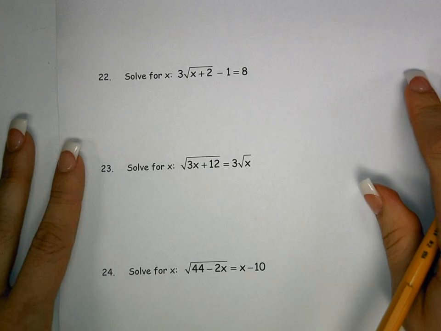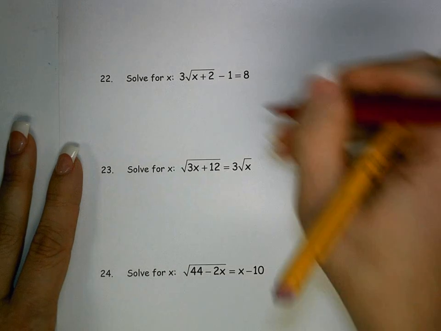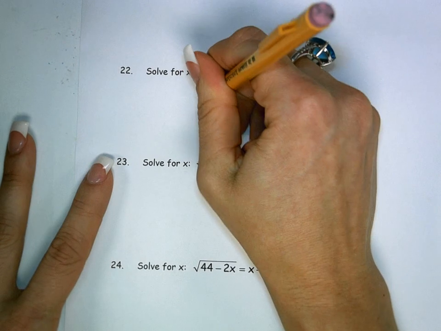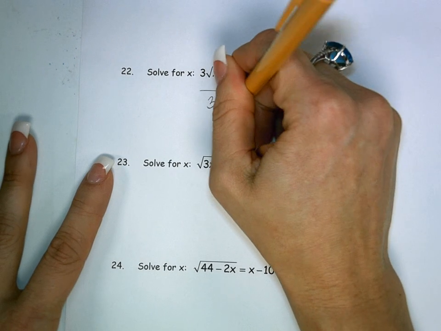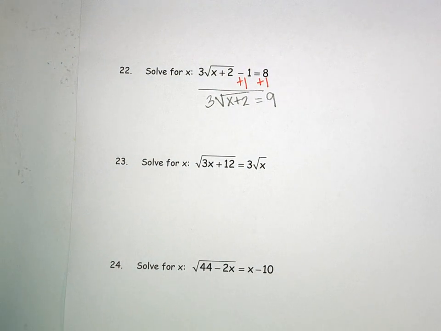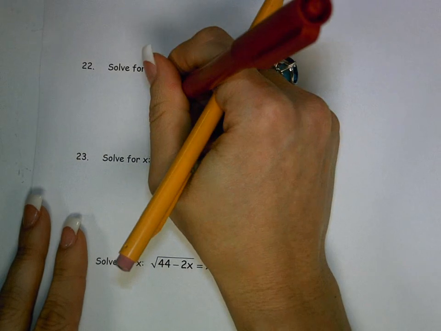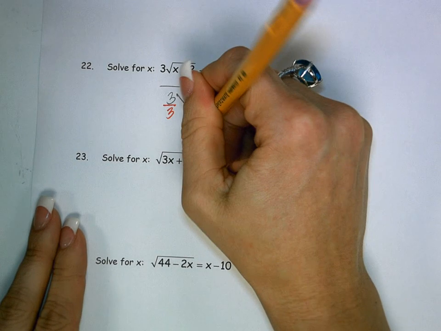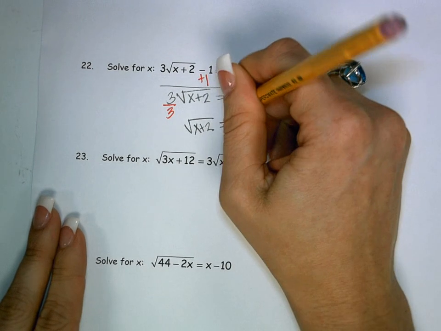Solve for x. Start by moving this 1. So if we add 1 to both sides, that leaves us with 3 multiplied by the square root of x plus 2 equals 9. Divide both sides by 3. That'll give you the square root of x plus 2 equals 3.